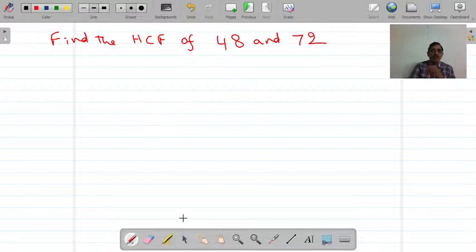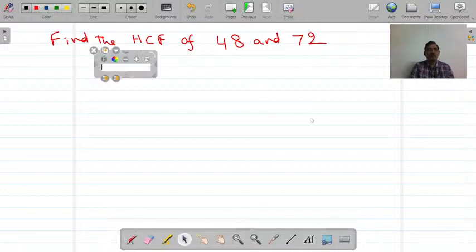So here, how are you going to do this? So 72 is equal to 48 into 1 and what is the remainder here?